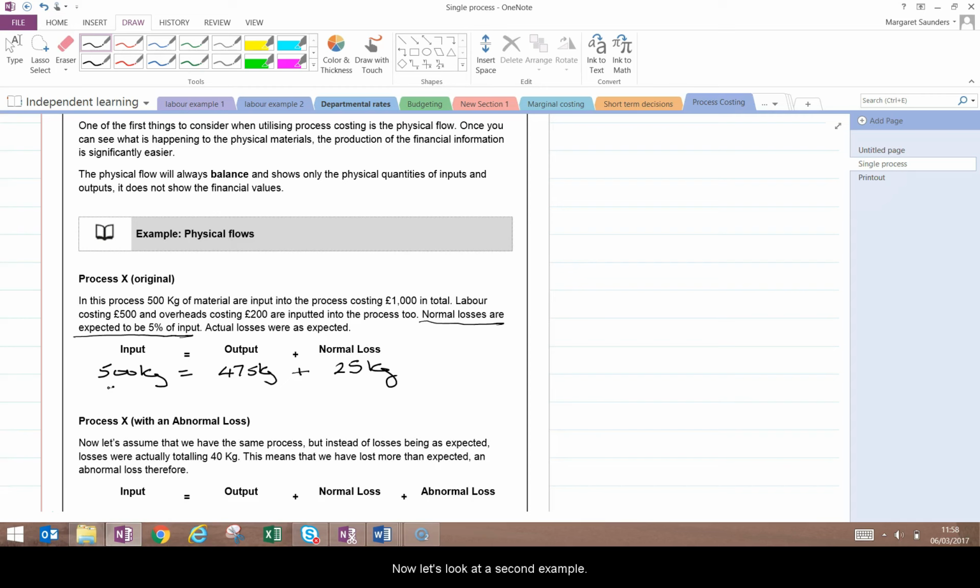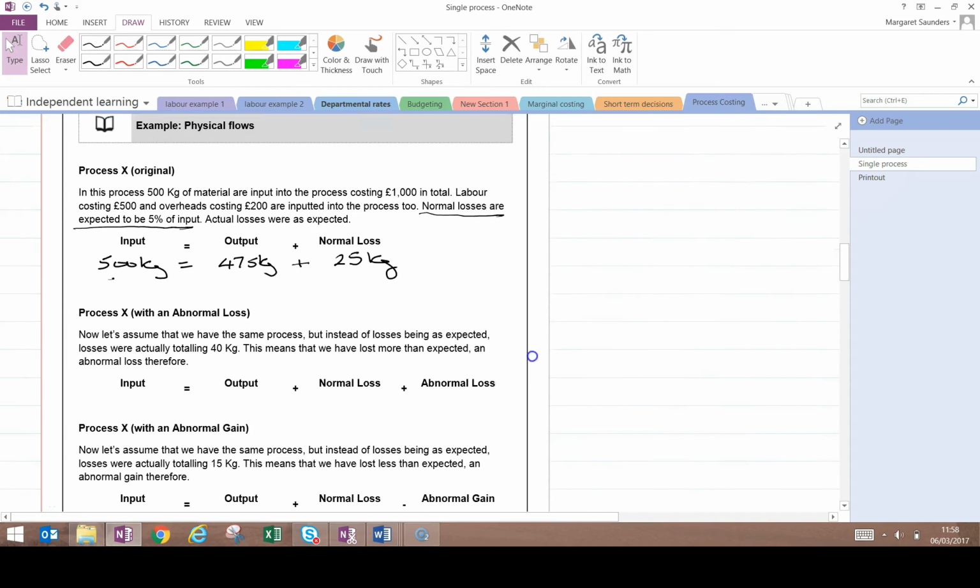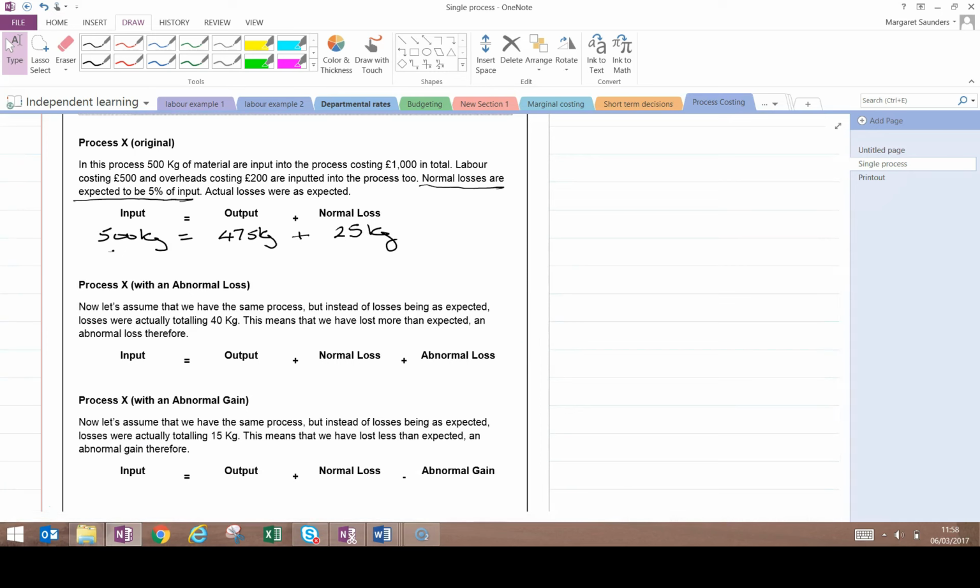Now let's look at a second example. So it's saying that we assume we have the same process, but instead of losses being as expected, losses were actually totaling 40 kilos. This means we've lost more than expected. So let's have a look at that.